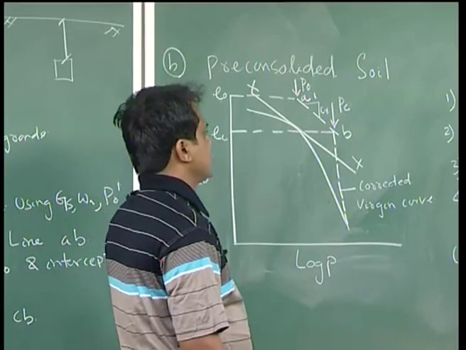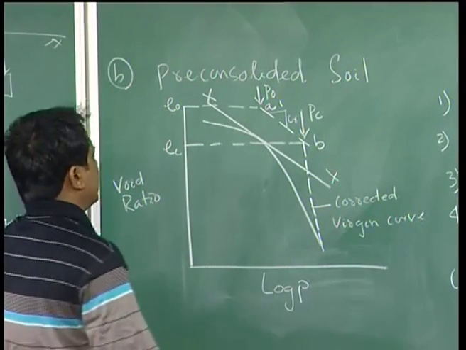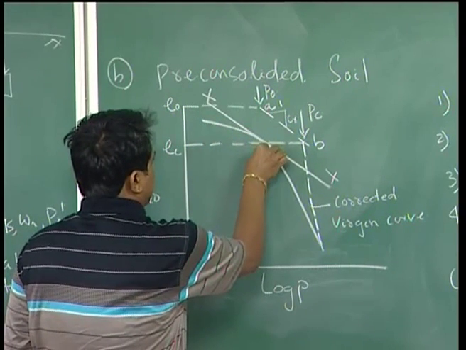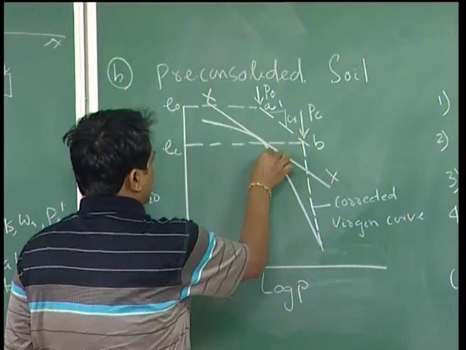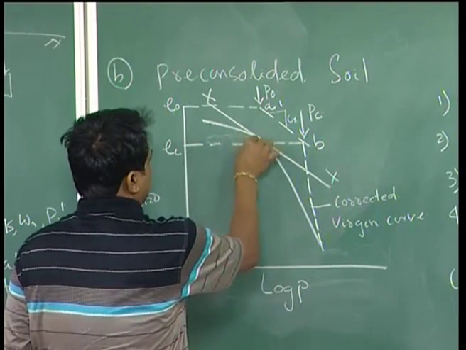Then obtain the slope of rebound by I. If you look here, the curve goes on and all of a sudden comes down. Now, if I unload it and then load it, it will rebound.